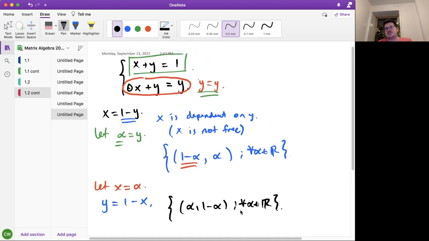So it doesn't matter which of the variables we want to be free, as long as the other one we make dependent. So these are both valid solutions.